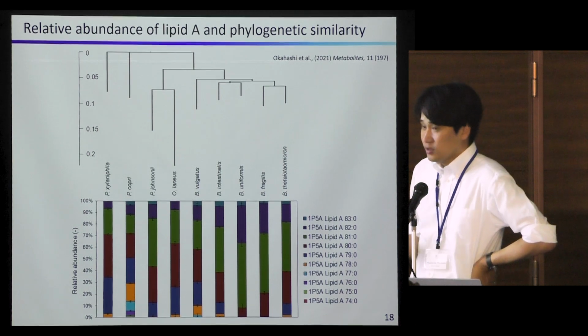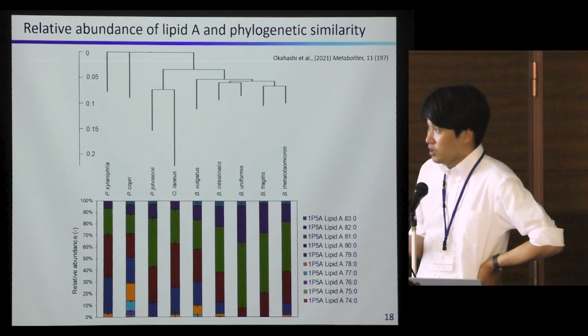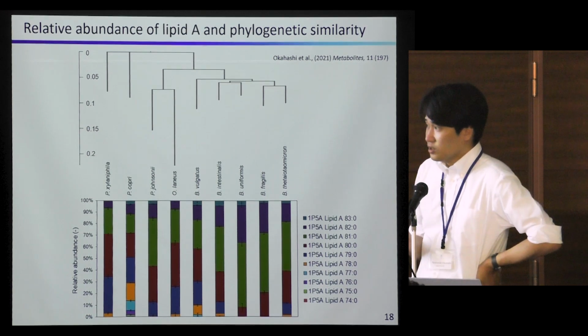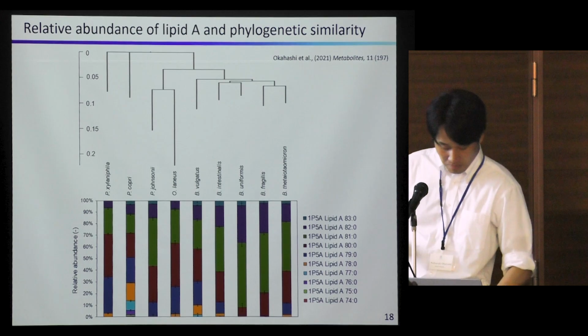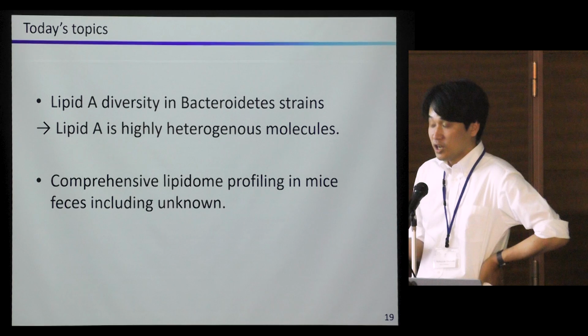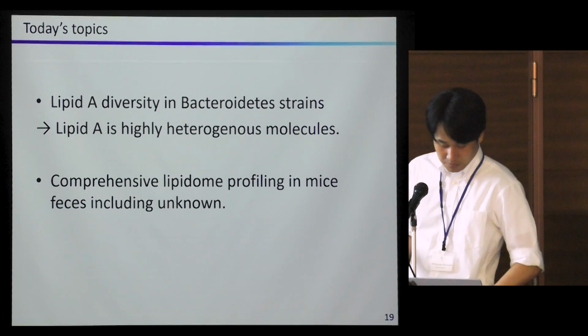So this means that the lipidome is very heterogeneous. I think E. coli has a single lipid A type in stationary condition, but Bacteroidetes has very unique lipid A features. So this means that we need to see the molecules, not just the species. So this is the case of the cultured strains. Let's move on to the next, the in vivo studies.